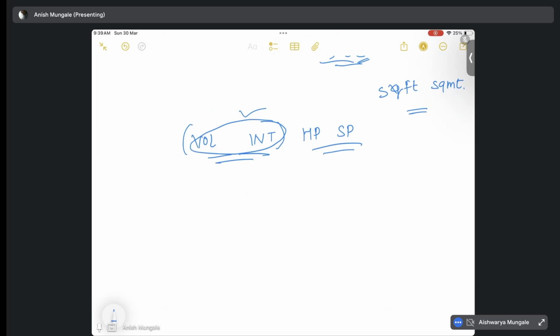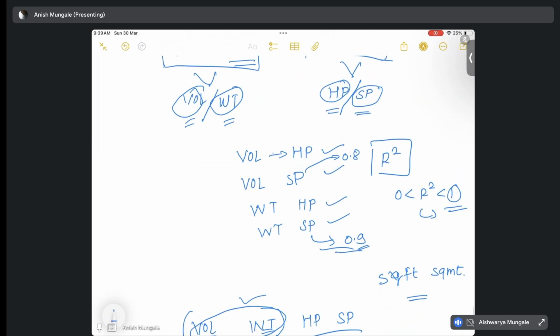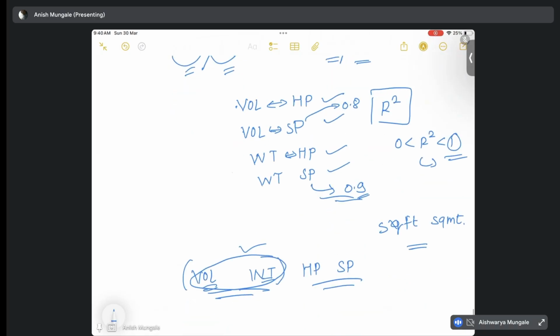Now, how do I choose? Should I eliminate volume, or should I eliminate weight? In order to determine that, you form all the pairs, keeping volume first, and then weight, and then check which is performing the best, and then you keep that pair and use that as a model.